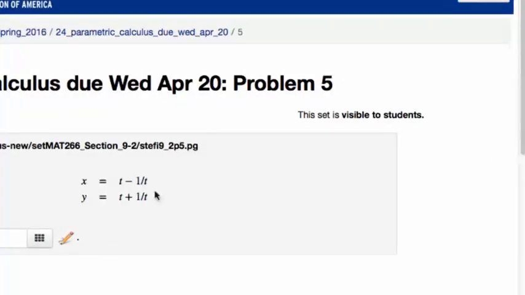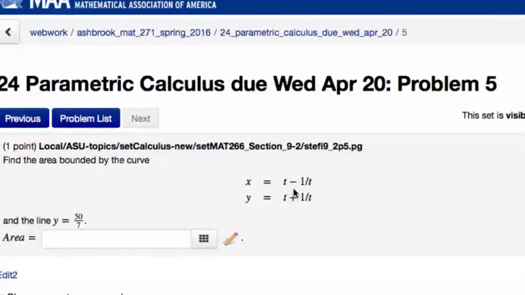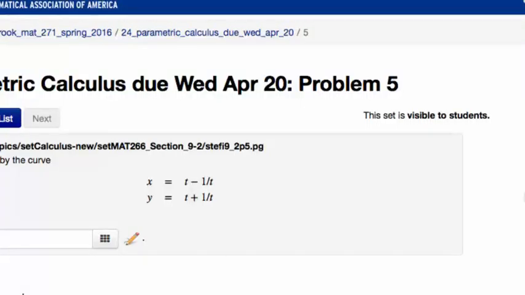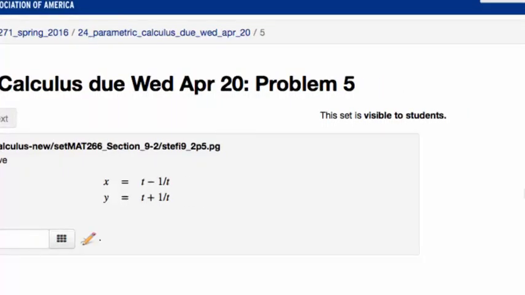So they want the area bounded by this parametric curve and y equals 57ths. Okay, this parametric curve and y equals 57ths.